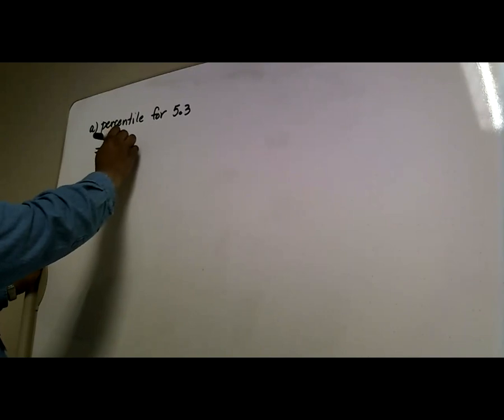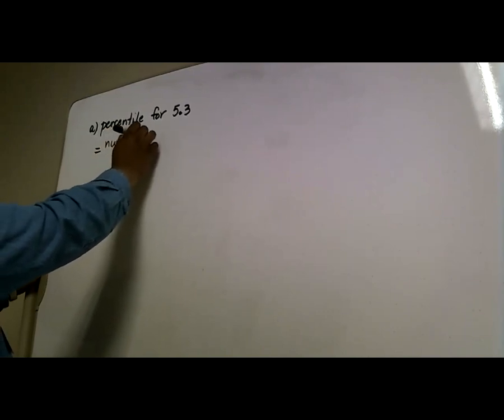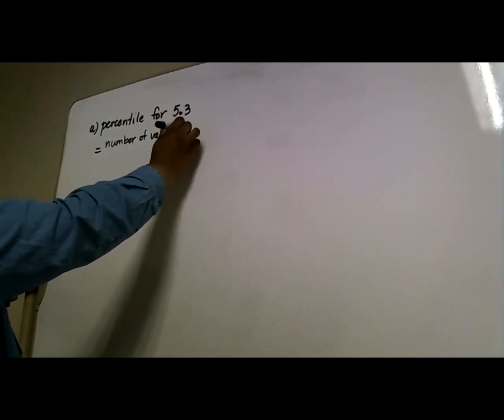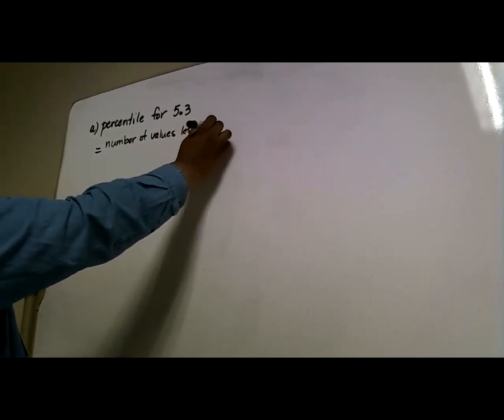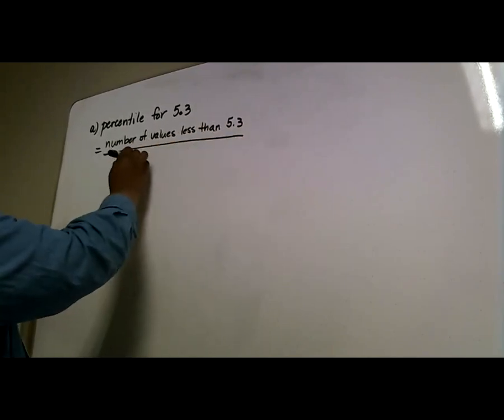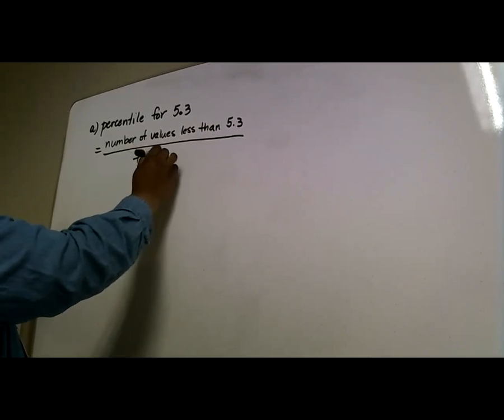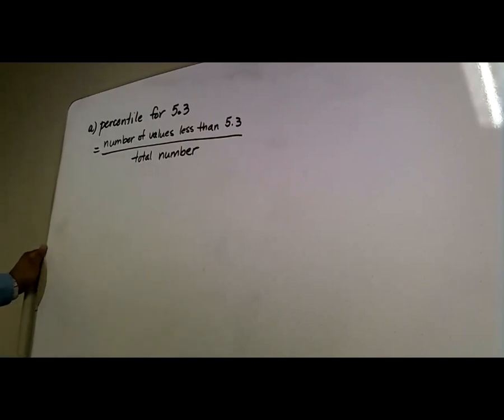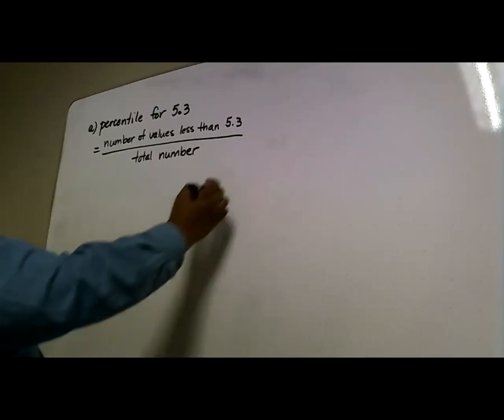So the percentile for that would be equal to, and I'm going to go ahead and write this out, the number of values that are less than, in this case, 5.3, all divided by the total number, and that's multiplied by 100.